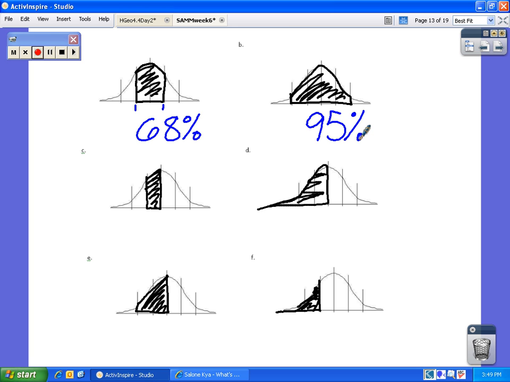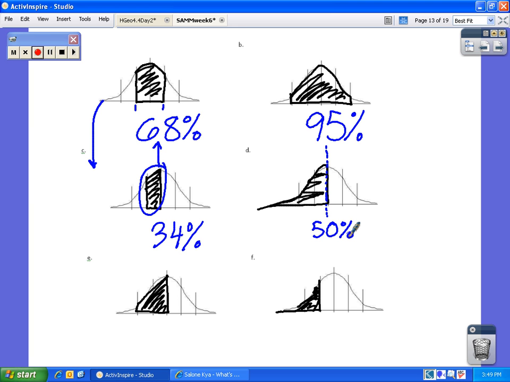To find part C, I would notice that this diagram is actually half of that one. So I'll take half of 68, which is 34%. Part D, the percent is 50 because it's exactly half of the curve.